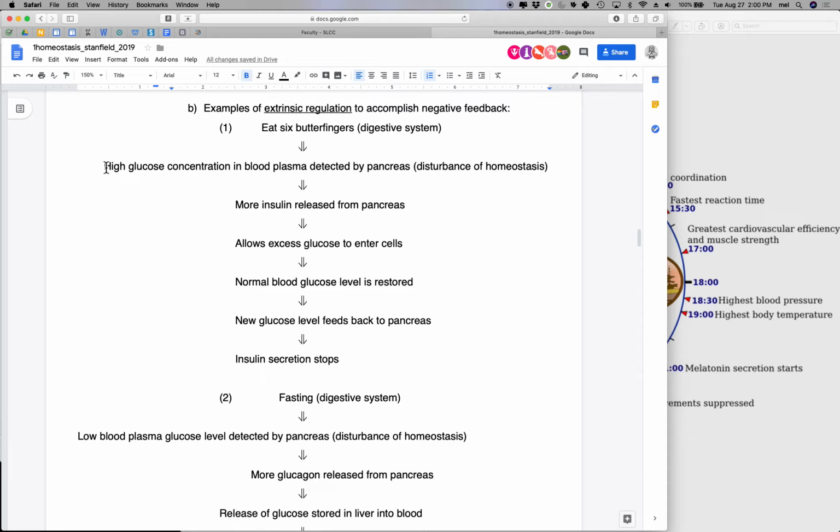The pancreas actually serves as the sensory receptor, but it's not just the sensory receptor, because the pancreas also compares your actual glucose to your ideal glucose and decides if the error message is too big. So in that instance, the pancreas is also serving as the integration center, right? It's serving as both, kind of like your thermostat did.